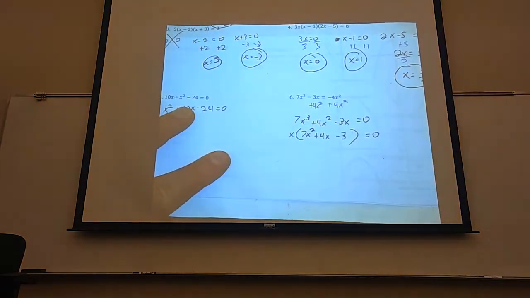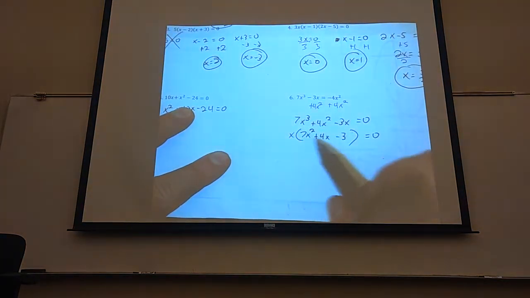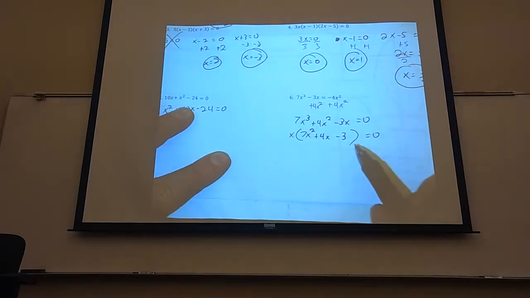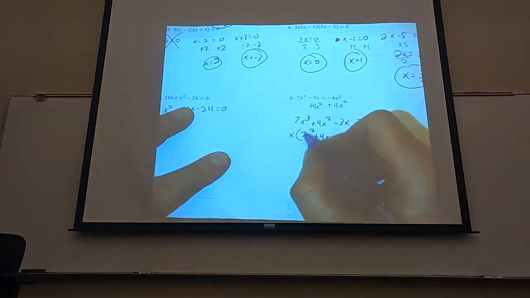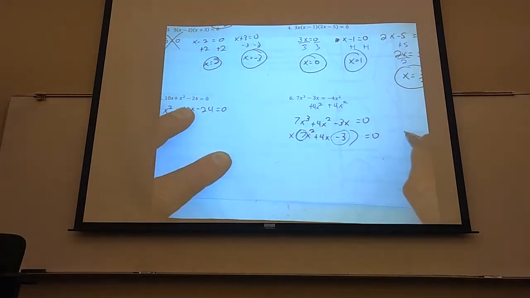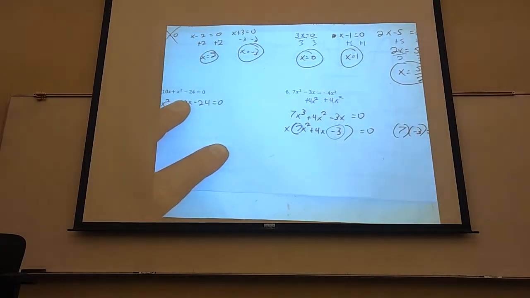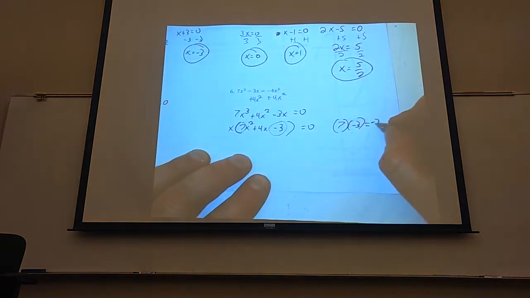Okay, to factor, what do I do? I multiply that 7 and that negative 3, and I get a negative 21.